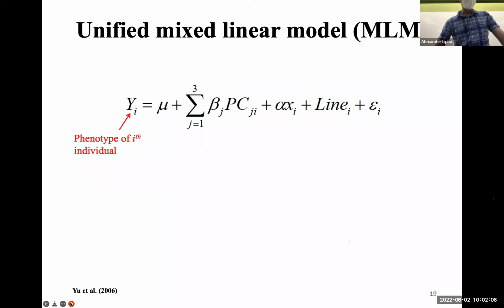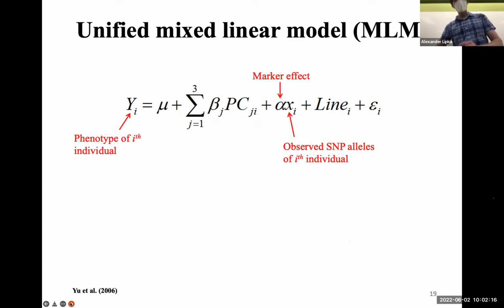So our Y variable is the phenotype of our ith individual. And then at each of our markers, at each of our SNPs across the genome, we're going to fit a separate model where that particular SNP is fitted as a fixed effect, okay? And we are usually estimating an additive association between our marker and our trait.